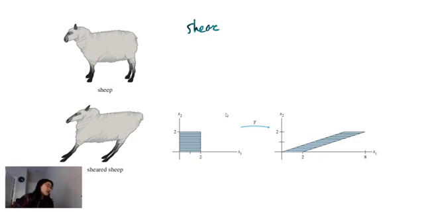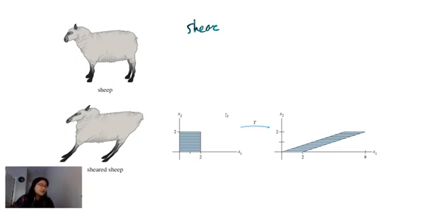So a shear transformation is where we take something like a square and shear it into a parallelogram in R2. In different spaces it looks different, but we can think of taking this square and transforming it into a different shape.